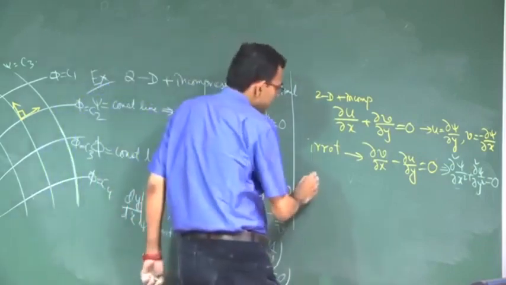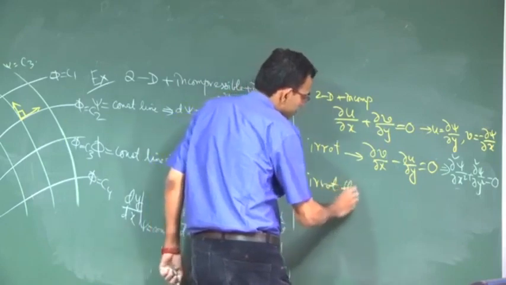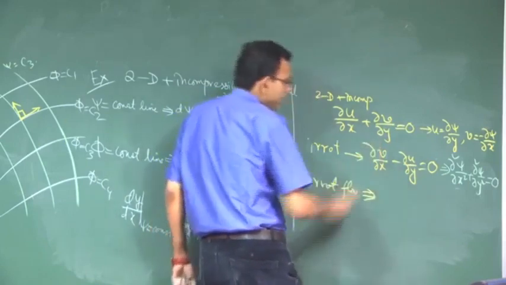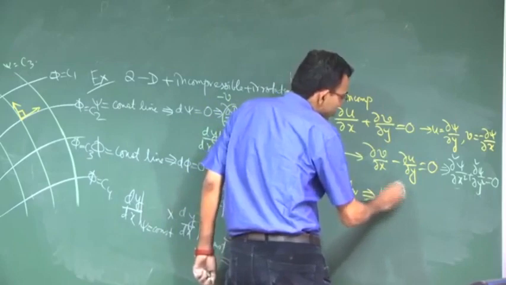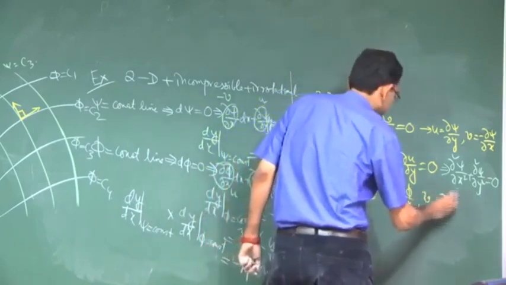Similarly, if it is irrotational flow from a different angle, u is equal to del phi del x, v is equal to del phi del y.